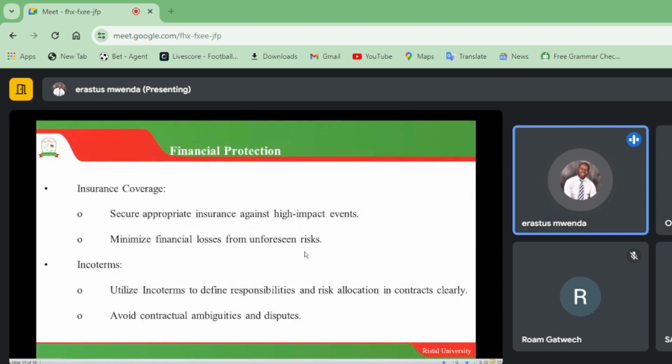Then the other one is what we refer to as Incoterms. Incoterms is a short form for international commercial terms. You need to understand them. These are international trading rules that are published by the International Chamber of Commerce, or ICC. So you cannot be in international purchasing and not know these Incoterms.